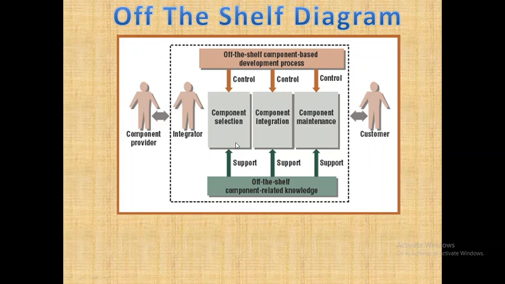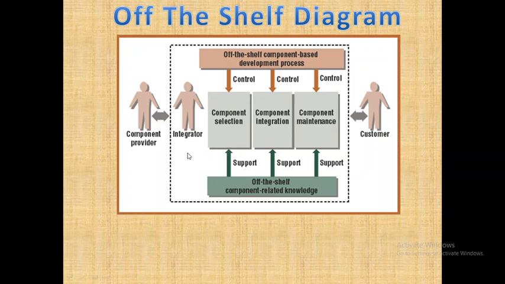For example, the Pulsar bike front tire has some specifications, and the same tire can be used for another bike like Charisma, etc. So we check the compatibility list. From the compatibility list, there are a number of tire manufacturers, and we choose the suitable tire for the bike, which is called component selection. That component is then integrated into your vehicle and should be maintained in an appropriate manner.